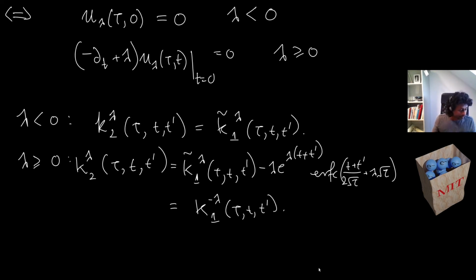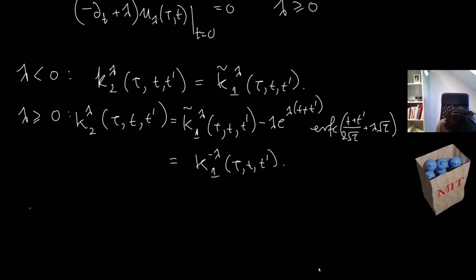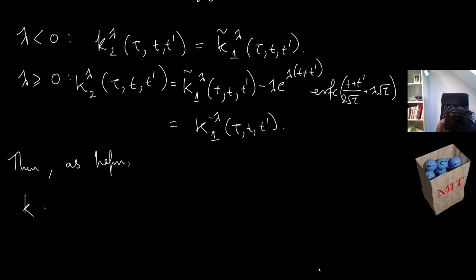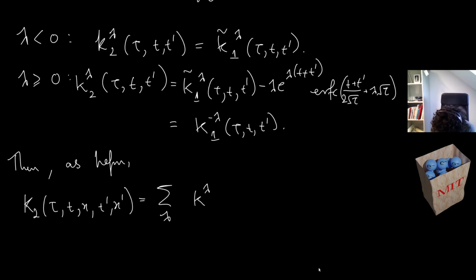All right. And so then, as before, we have that the full kernel tau t x t prime x prime is equal to the sum over the k tau t t prime phi lambda x prime dual phi x.